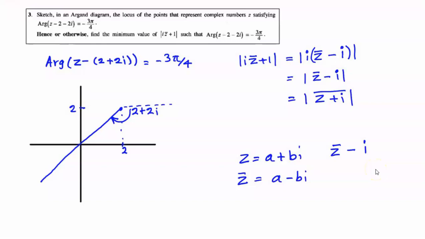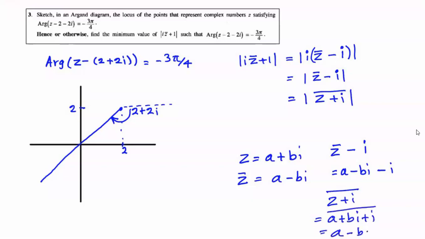So if you just have this part, this is a minus bi with another i. So we see that if you think about the z plus i bar, that would be a plus bi plus i bar. In other words, that is a minus bi minus i. So it's the same thing that we have here. So when you have that, that is equal to this.